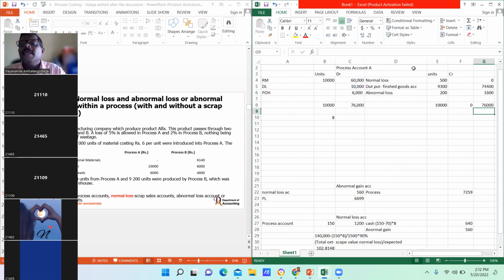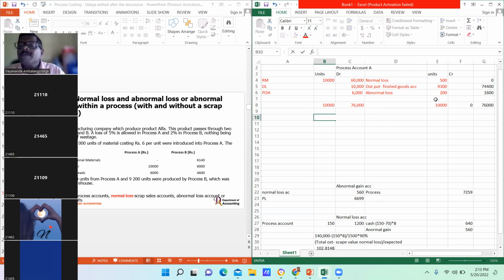So that is the process A account. Are you clear? We just put the data in the question. Completing this part is very simple in a process account, and completing this part also very simple. The only question is, what are the values for these columns? So you have to find out the total cost, unit cost. Unit cost is 8 rupees. Just multiply these figures by 8 rupees and your account will be balanced, right?